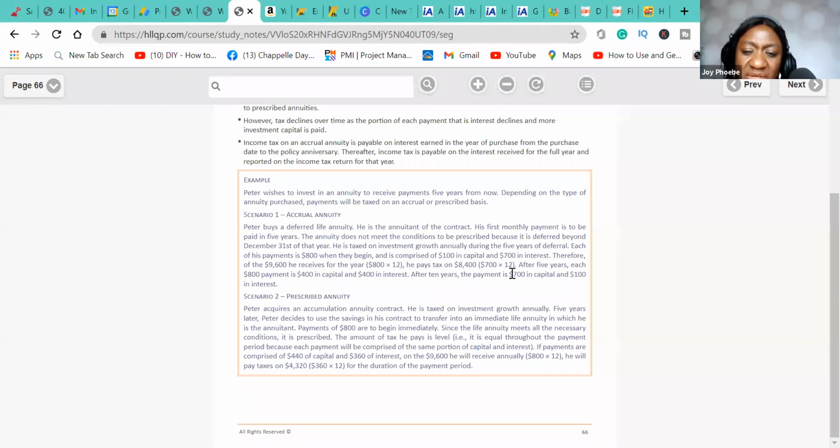That is 700 times 12. After 5 years, each 800 payment is 400 in capital and 400 in interest. After 10 years, the payment is 700 capital and 100 interest. I hope this is clear to all of us.